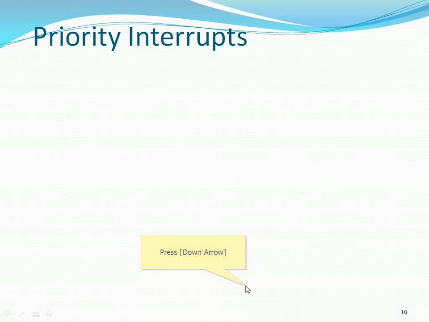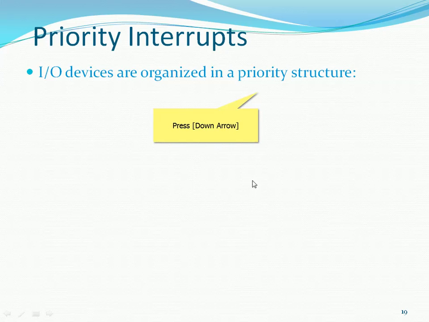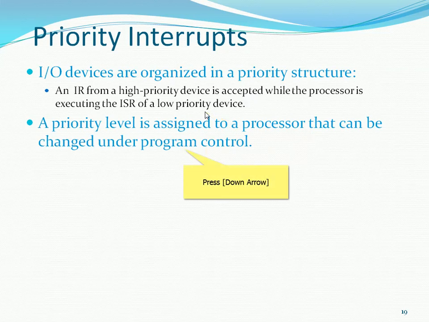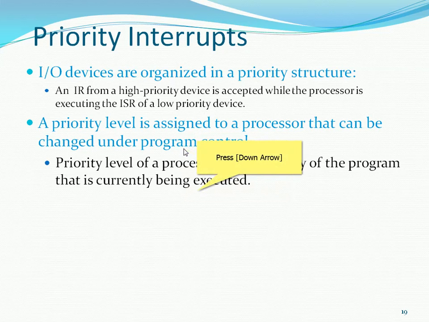So for priority interrupts, the IO devices are organized in a priority queue structure. If the request from a high priority device is accepted when the processor is executing an ISR, a low priority request is denied. The priority level is assigned to the processor and can also be changed under program control. The priority level of the processor is the priority of the program that is currently being executed.